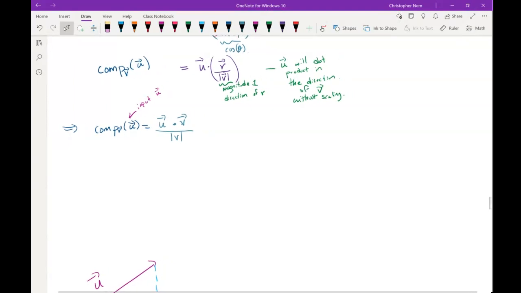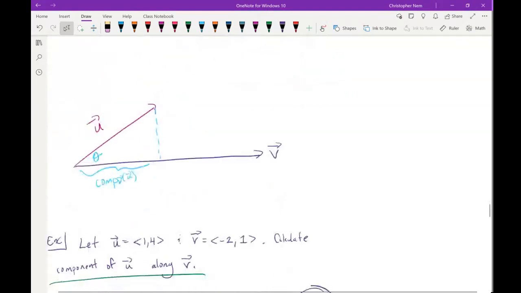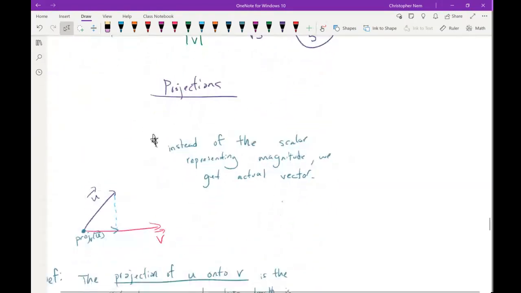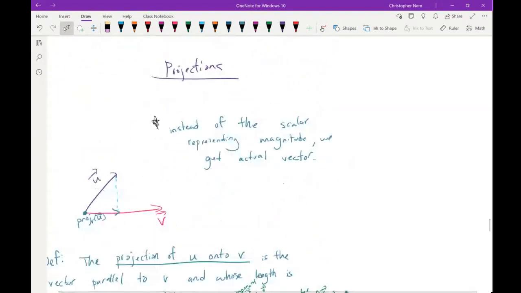Now, component of u along v, what's the difference between that and the new thing which is called the projection of u along v? The projection of u along v is like a shadow. I have the same idea, but I want to project that vector u onto the space v. It creates this little shadow idea.